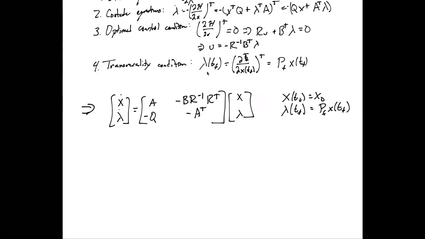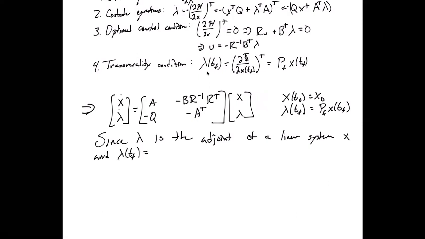All right, and so now since lambda is the adjoint of a linear system, x and lambda at TF is equal to P x at TF, then the form of this relationship holds for all time between T naught and TF.